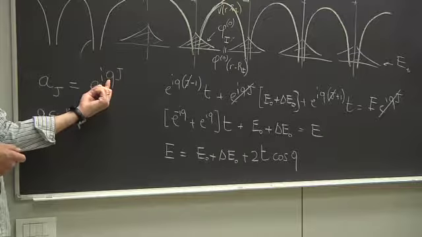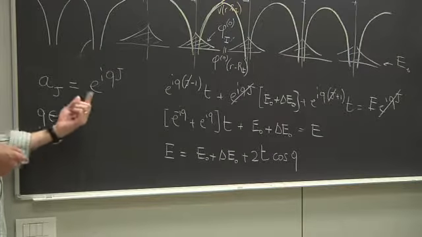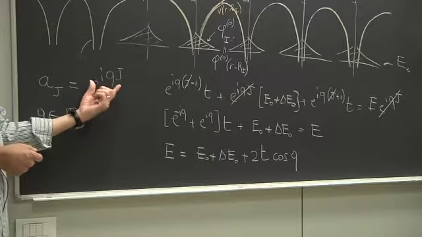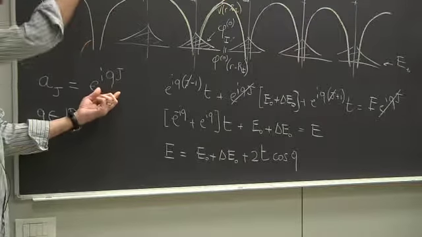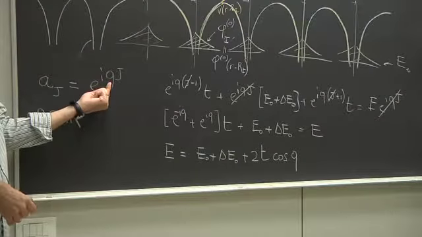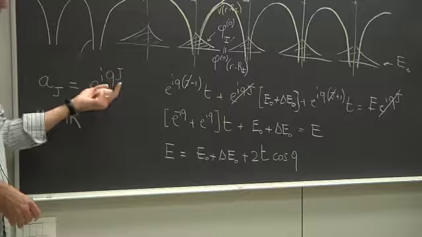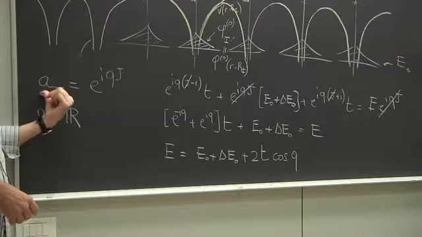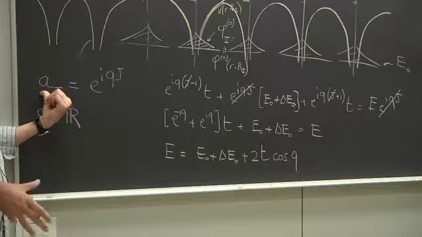For every q real, a_j equals e to the i q j is a different solution. It's a different set of infinite numbers, right? If I change q, it will be a different set of infinite numbers. For example, q equals to 0. All the a_j's are 1, right, for every j.